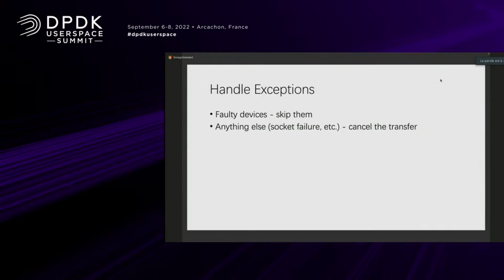It's not mangling with the data path, so it's just a transfer process, and it's easy, and it's okay to just cancel that. And we have run this millions of times, but I can recall maybe 1 or 2 times it was caused by socket failure, and no other things have caused a failure. And this solution looks very reliable.